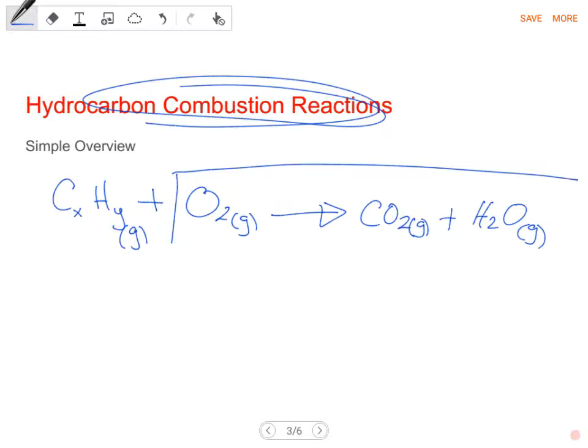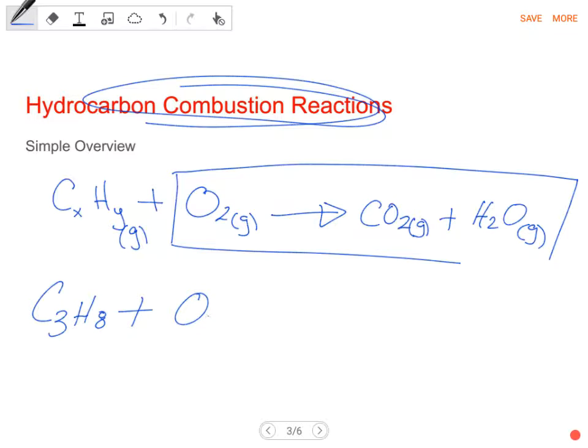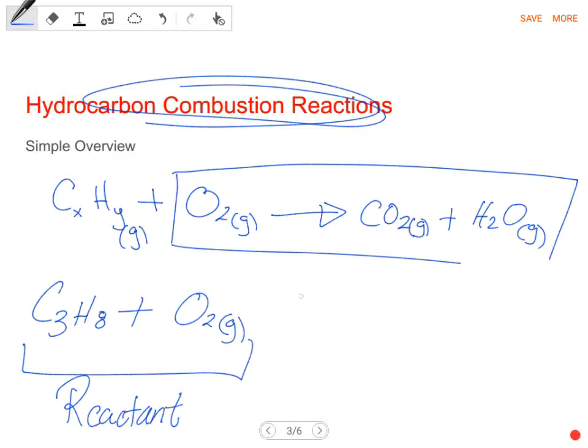This part never changes. So if you had propane and you tell me it's hydrocarbon combustion, I know I have to include oxygen gas on the reactant side, and I know my products will always be carbon dioxide gas and water in the gas form.